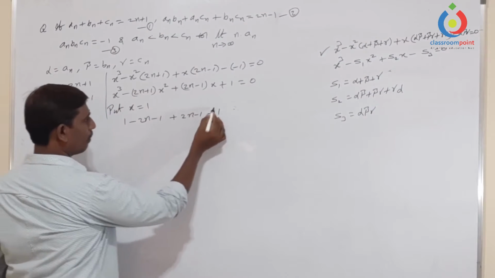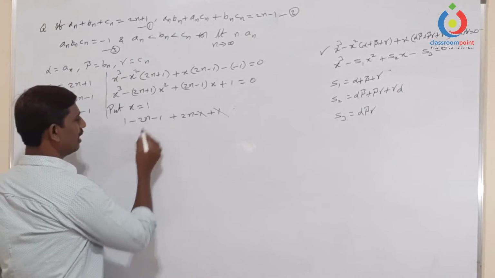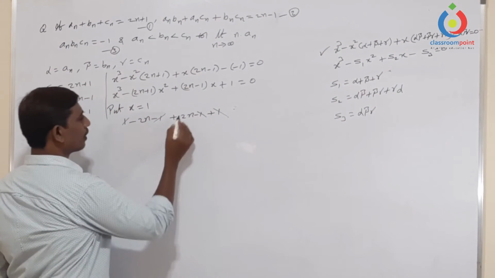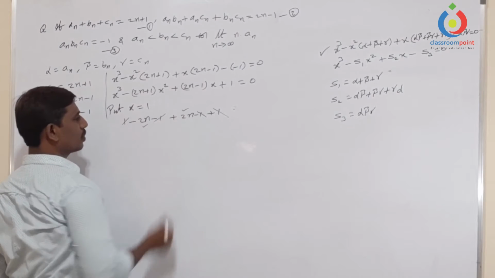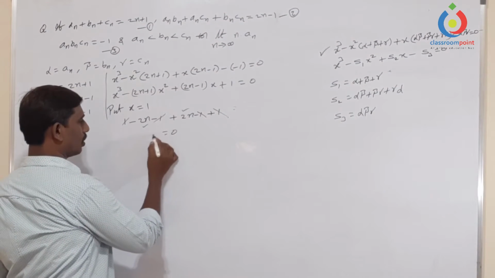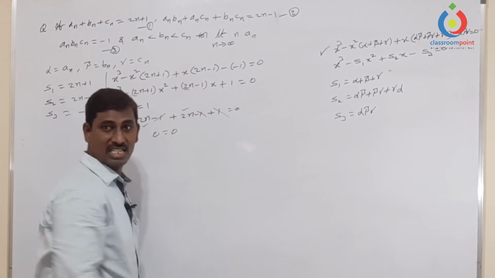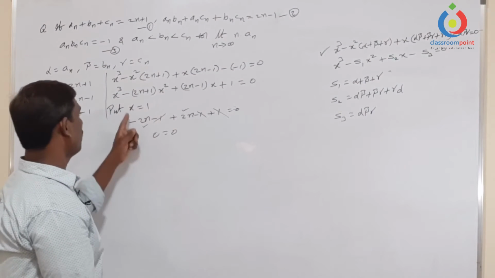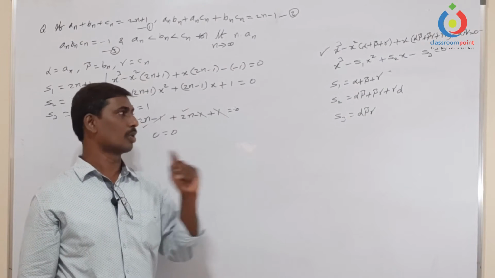Check it once. Plus 1 and minus 1 will cancel, this minus 1 and this plus 1 will cancel, and plus 2n and minus 2n will cancel. It is equal to 0. So that means 1 is one of the roots.